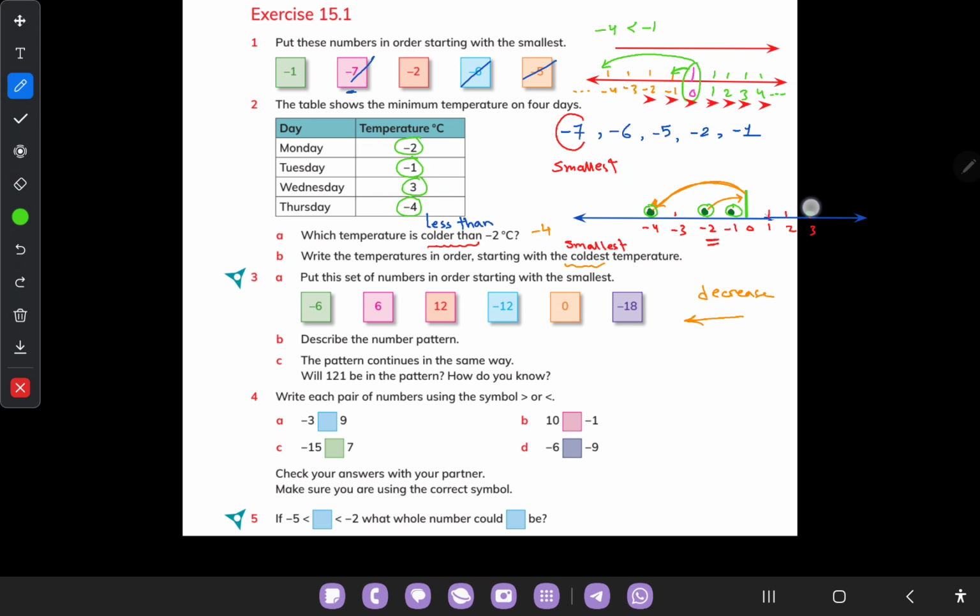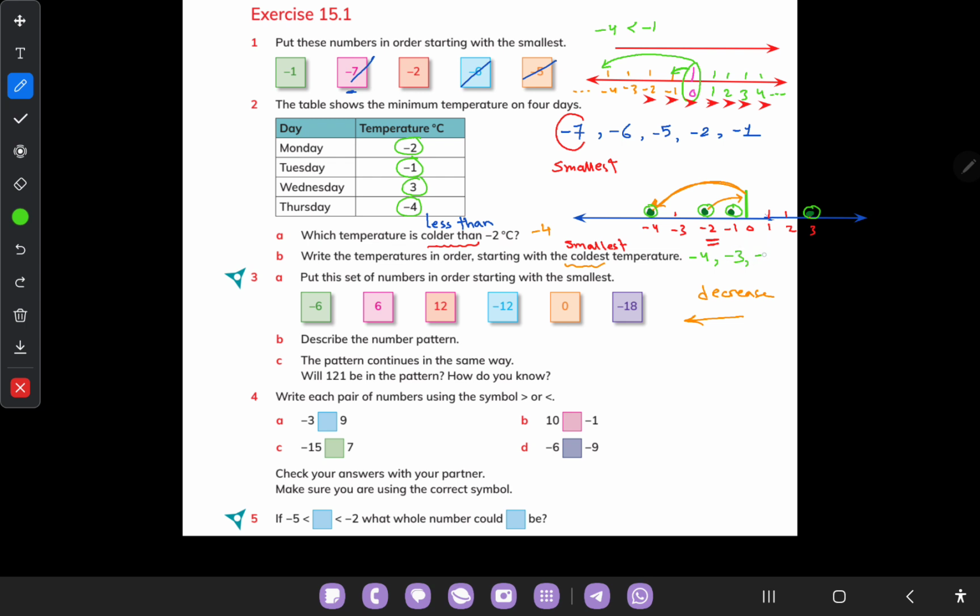So the smallest one is what? -4 or -2 or -1 or 3. The smallest temperature. Which one is the smallest? That's -4. Yes, -4. And then? -3.